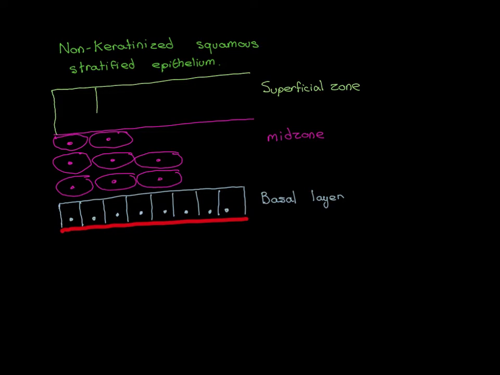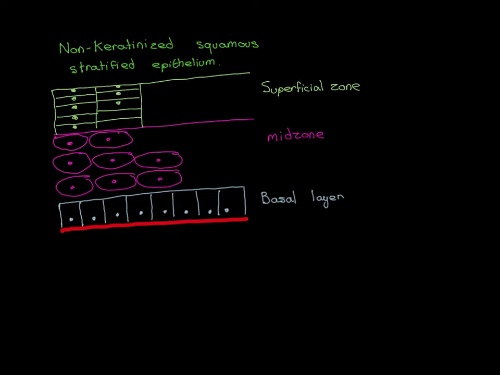So they've become flat. So here's 1, here's 2, and how many layers should I put in here? I think we'll actually make 5 separate layers here. And they still have their nuclei like so. So I might draw another section of them here. So again, you have lots of separate layers of cells in the superficial zone.